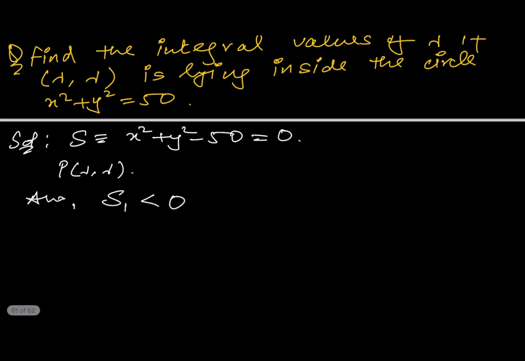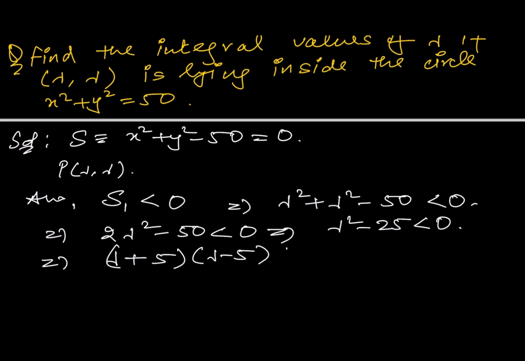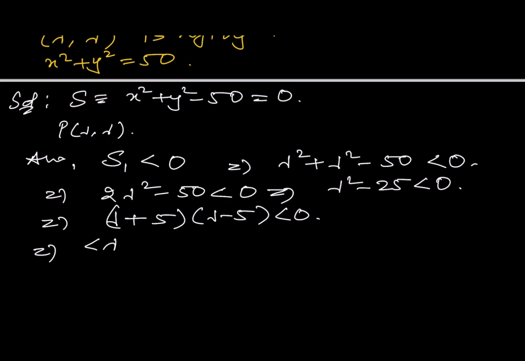So if S1 is less than 0, it implies lambda square + lambda square - 50 less than 0, or 2 lambda square - 50 is less than 0, or lambda square - 25 is less than 0, or (lambda + 5)(lambda - 5) is less than 0, so lambda is lying between -5 and 5.